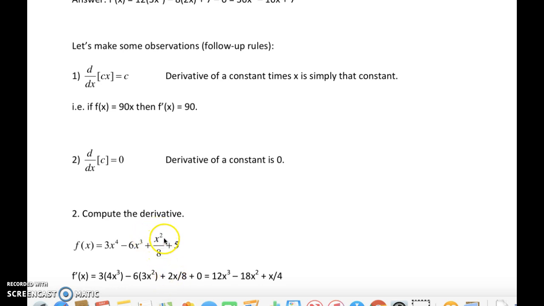And then the derivative of x squared is just 2x, which is how we get the 2x divided by 8. And then the 5 is a constant, so we compute the derivative. Any constant ends up becoming 0. So we end up with 12x to the third power minus 18x squared. And when we simplify the 2x divided by 8, we end up with x over 4.